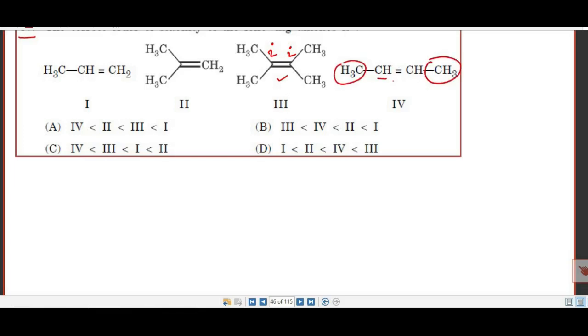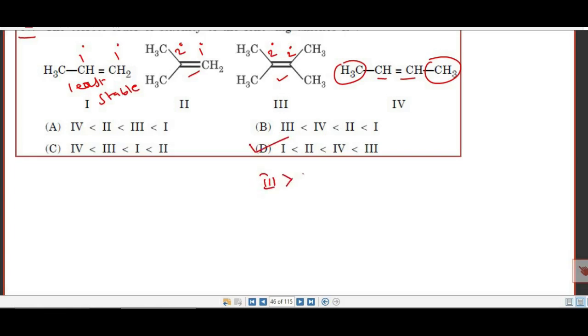Due to the plus I effect, it is more stable than this one. In the second one, this is a secondary carbon and this is a primary carbon. This is more stable than this one, and it is the least stable because this is also primary and this is also primary. So answer D is correct.